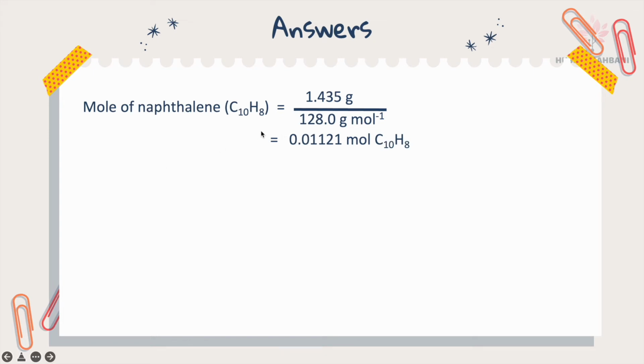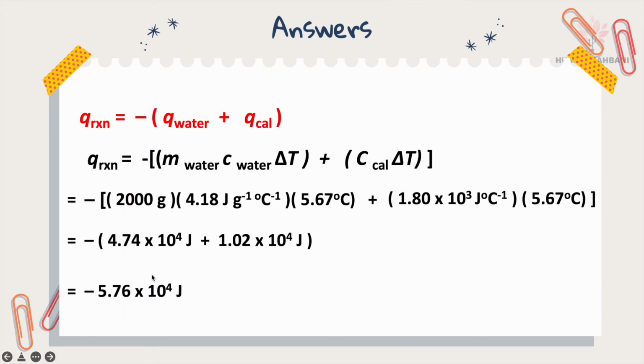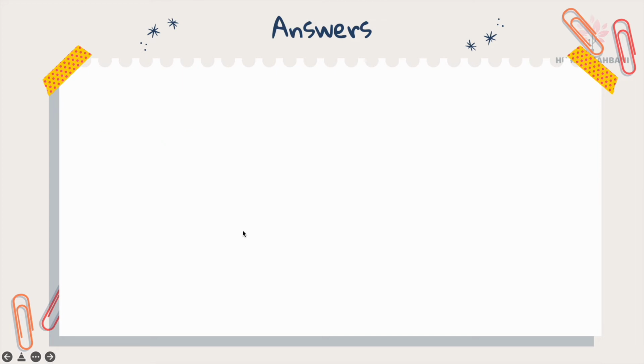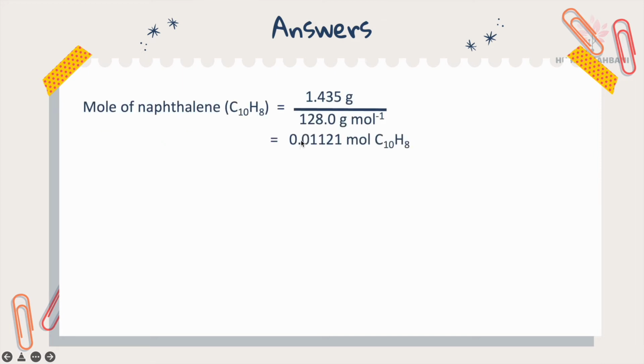So the one that we got from the previous slide, this amount of heat released from the combustion, is for 0.01121 mole of naphthalene. Because we used this gram of naphthalene, if you change to mole, you'll get 0.01121 mole.